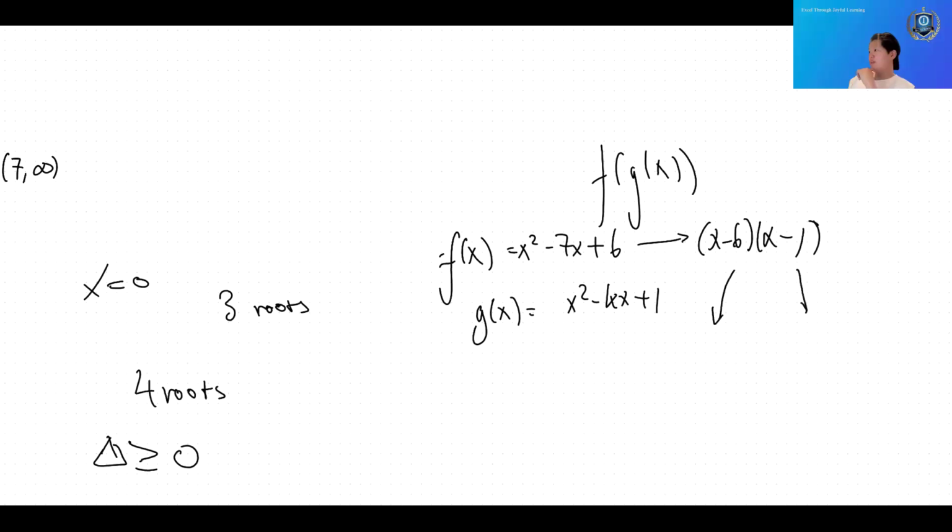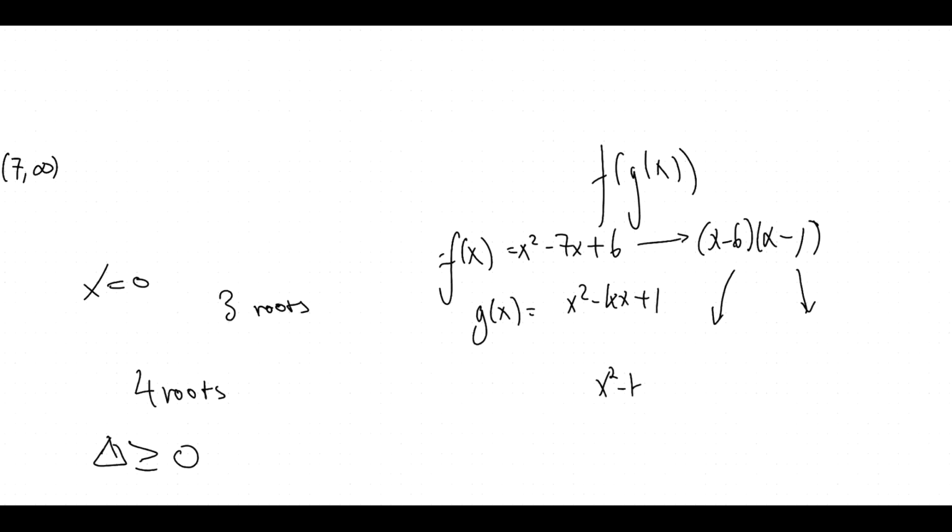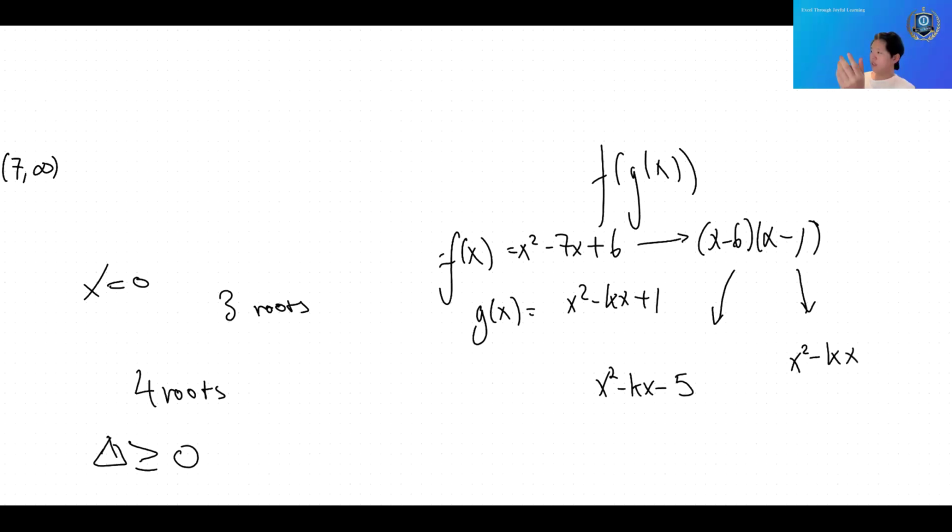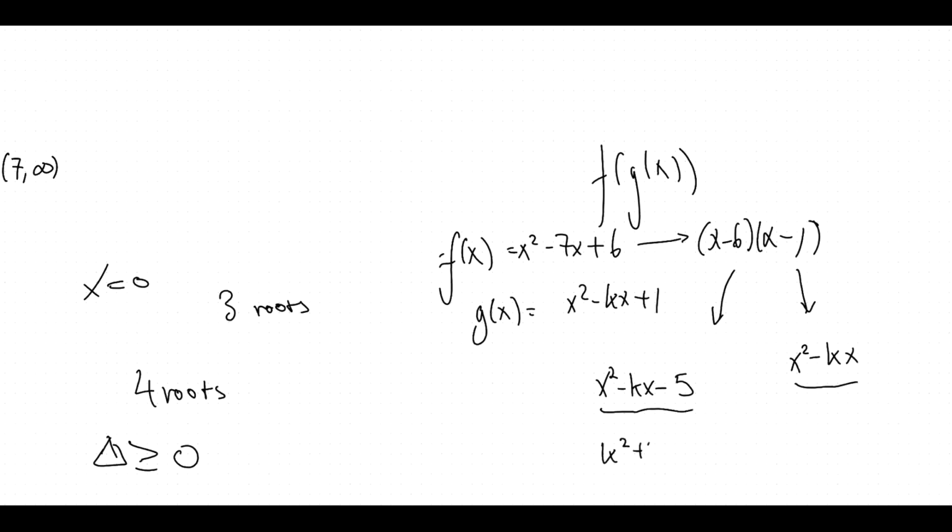You get x squared minus kx minus 6, minus 5, my bad, minus 5. Yep. And then you have x squared minus kx. This one, you don't need to talk about it. In this case, this one is k squared plus 25, and this one would be k squared, right?